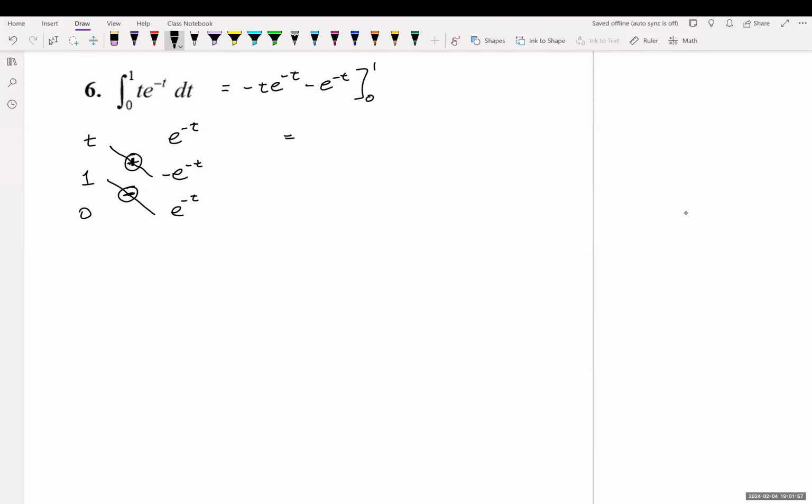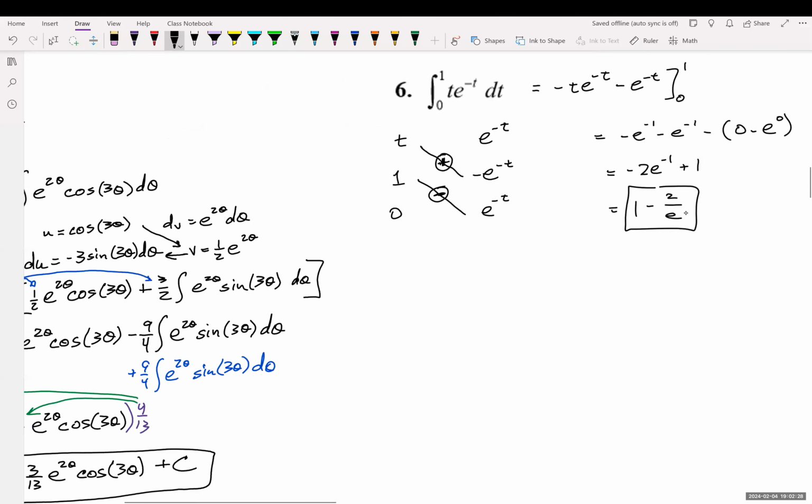And we evaluate at 1, we get negative e to the negative 1 minus e to the negative 1 minus, we're going to have 0 minus e to the 0. That gives us negative 2e to the negative 1 plus 1, or 1 minus 2 over e. Moving on to number 7.